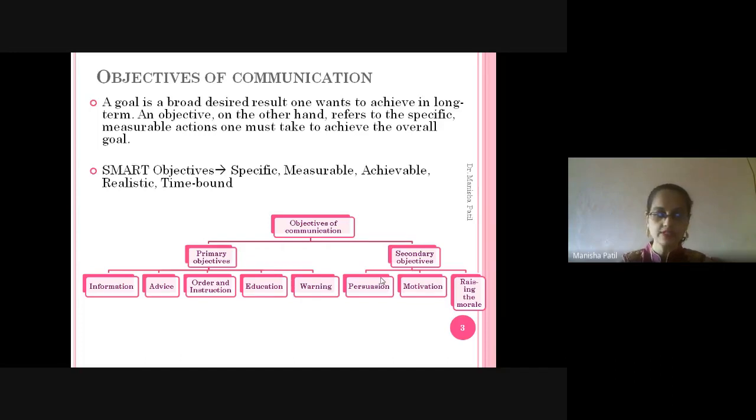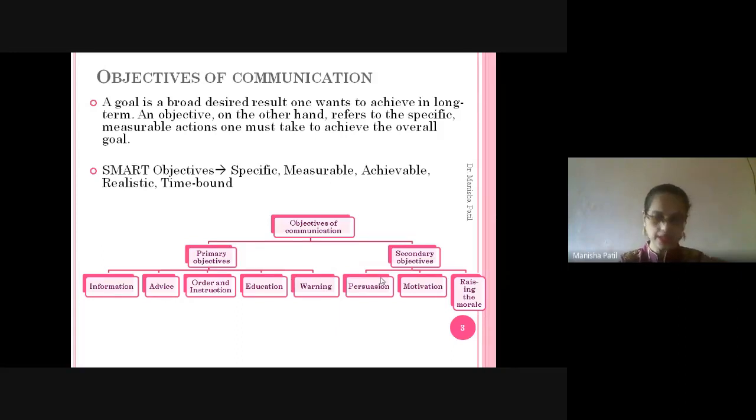Secondary objectives: persuasion, motivation, and the last one, raising the morale.